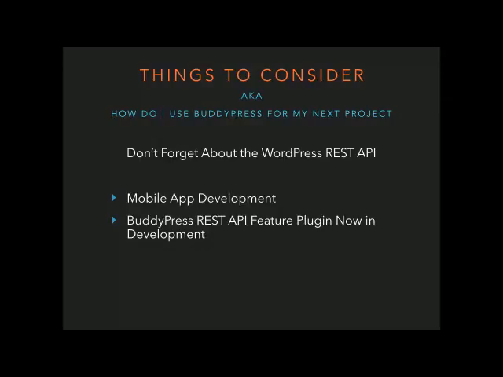And that's going to happen very soon as an extension with BuddyPress. BuddyPress is in development right now to have its own REST API feature. It's going to be a plugin that allows BuddyPress to have this REST API capability similar to what WordPress now has built in. And it's being built now.